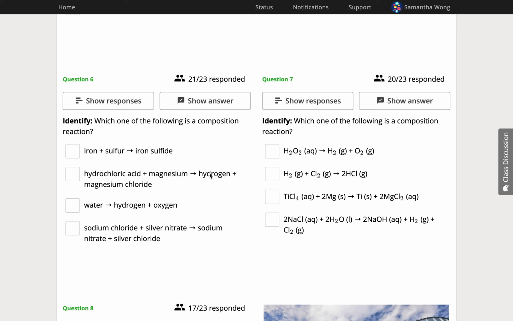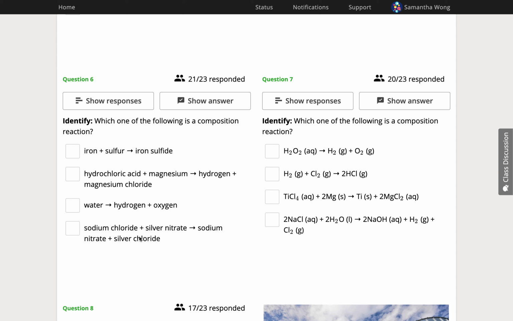So for example, the hydrochloric acid plus magnesium gives you hydrogen plus magnesium chloride, so it cannot be that. It cannot be this one here, where you have water that produces hydrogen and oxygen, because that tells us there are 2 products, and we know we have to end up with 1.